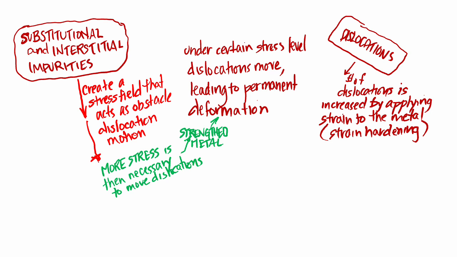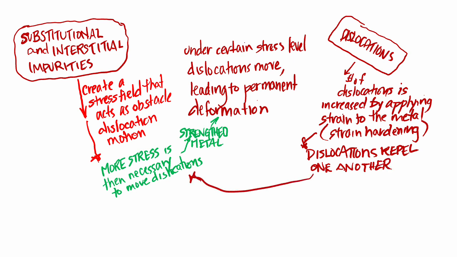And dislocations are obstacles to one another. Dislocations repel one another. And so more stress becomes necessary to move the dislocations past one another, which strengthens the metal.